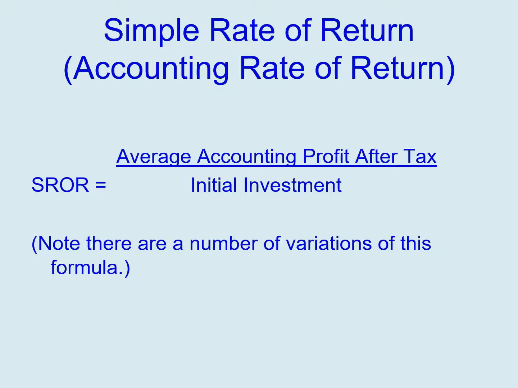You have a lot of non-cash expenses being accounted for in your accounting profits, like depreciation and amortization. So you do not want to use accounting profits when you're trying to evaluate a project. You need to know how much cash is being generated, and then you need to evaluate the cash, because the cash is what determines value.